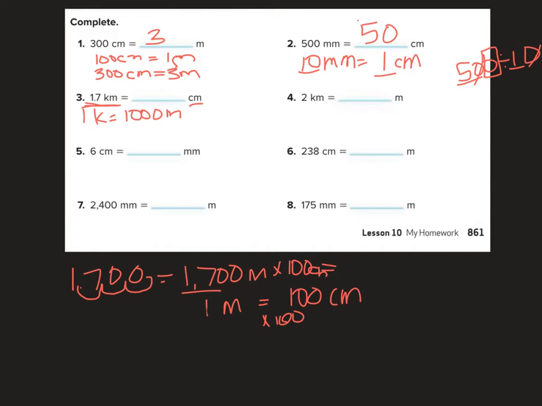Okay, so again, I have 1,700. I need to move that decimal 2 more spots to the right. It's right here. 2 more spots to the right. So now I'm going to get 1700, 1, 2, 3, 4. Now I'm going to go back in and put my commas in. 1, 2, 3, comma.